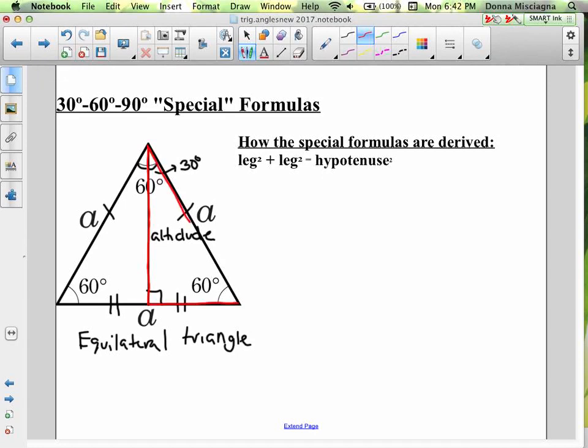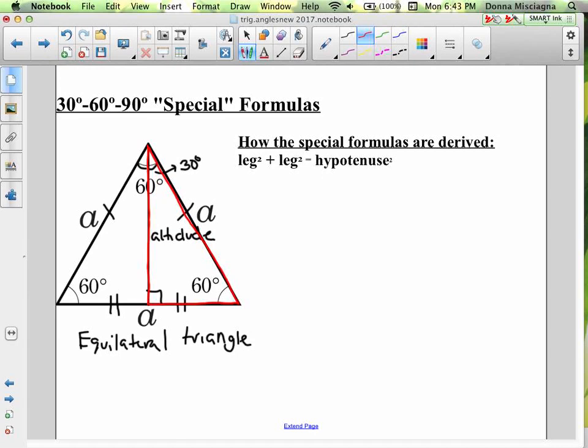But we use this equilateral so that we could have everything be in one variable. Okay? So we have one leg, the altitude, that we don't really know that much about.